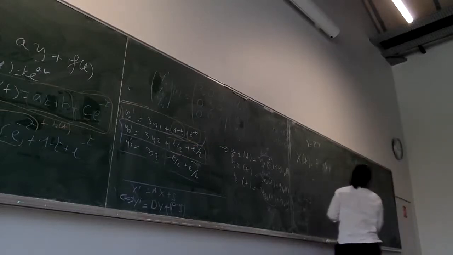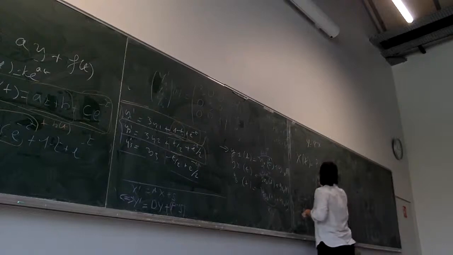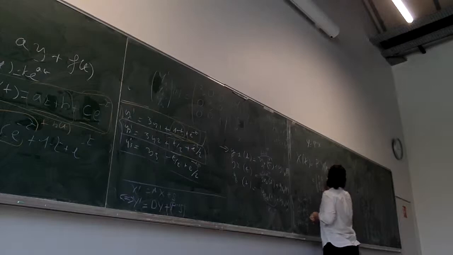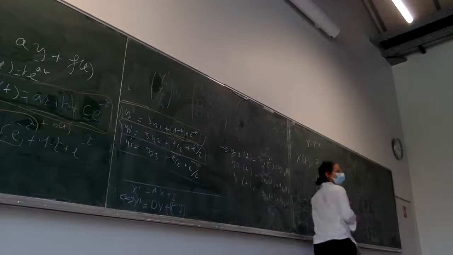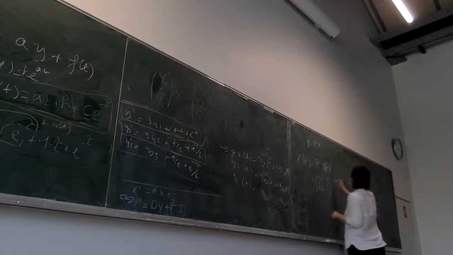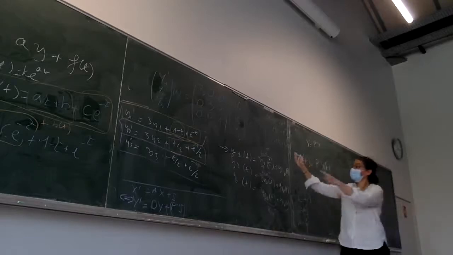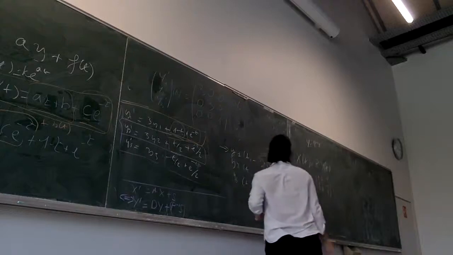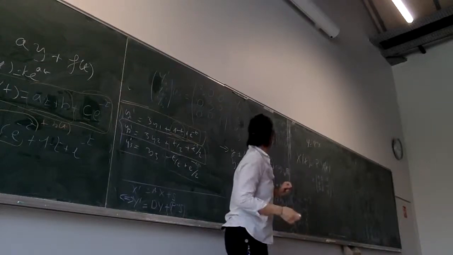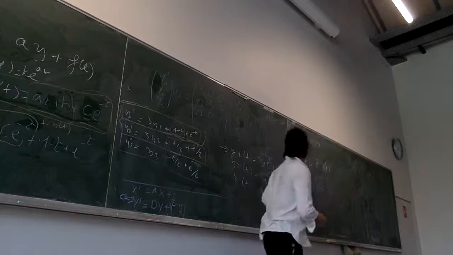So the p matrix I already have it. In my p matrix, I've got my three eigenvectors. Okay, so that's my p matrix. And I've got my y, that has those two parts. So maybe I can write those two parts separately.